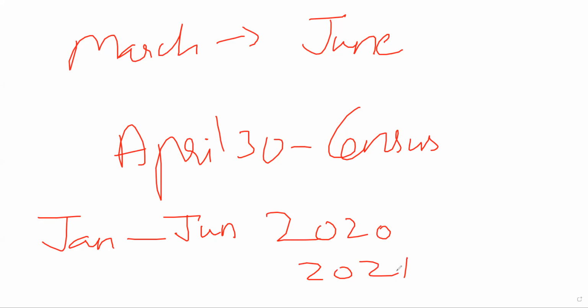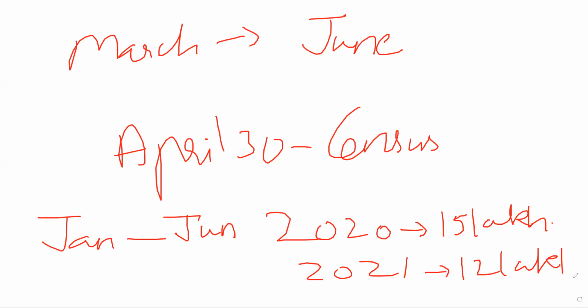So I am telling in 2020, in between the months of Jan to June, let us suppose 15 lakh people got married. Example. Okay, and in between Jan to June of 2021, let us suppose I'm telling that 12 lakh people got married. So I can tell through vital statistics that the number of people that are getting married have decreased.